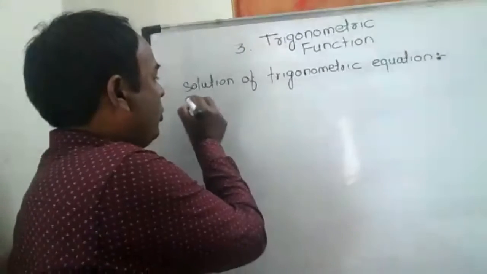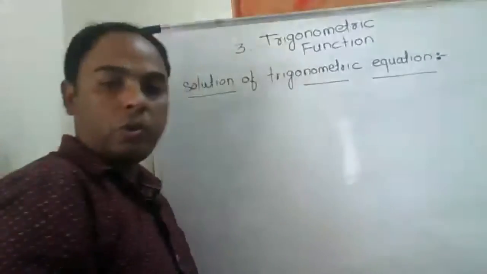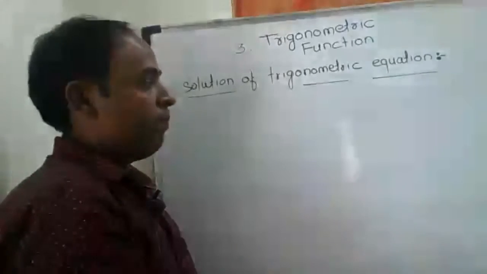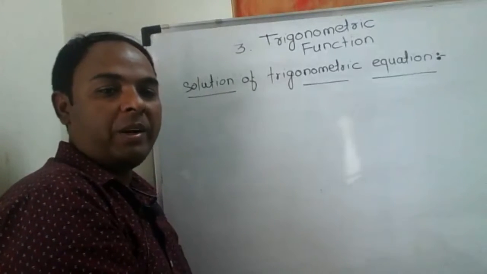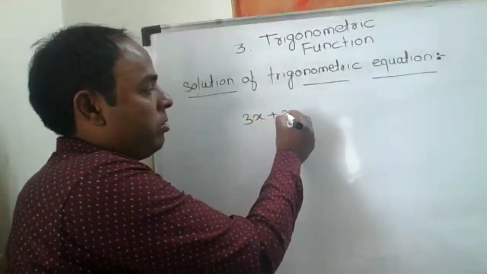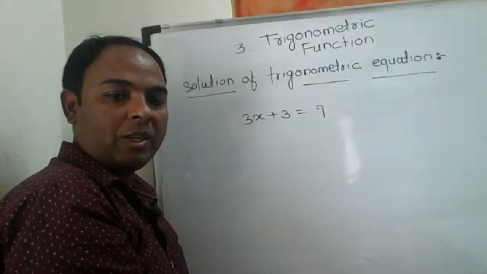Now, what is the solution of a trigonometric equation? Now see here, in the 10th standard we have seen simultaneous equations. Suppose 3x plus 3 is equal to 9. This was one equation.